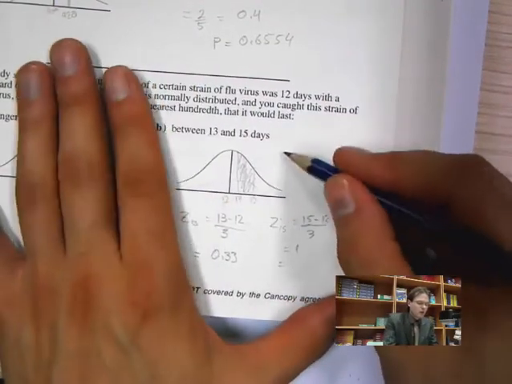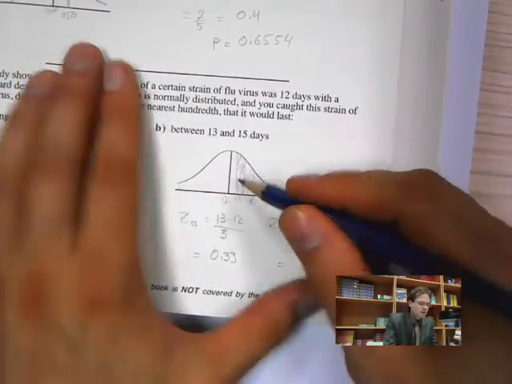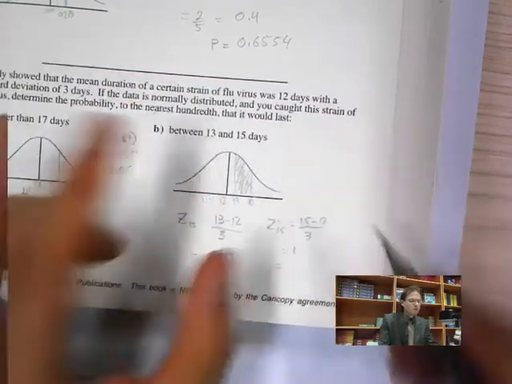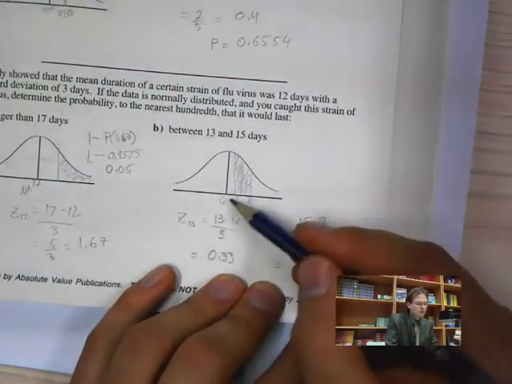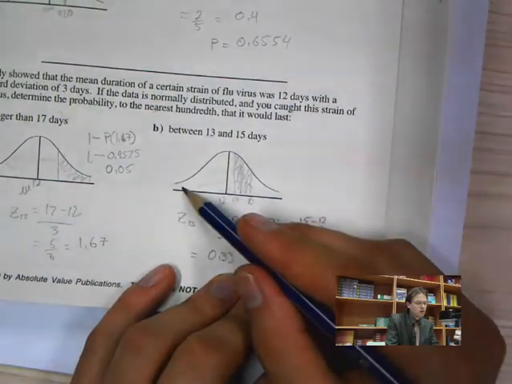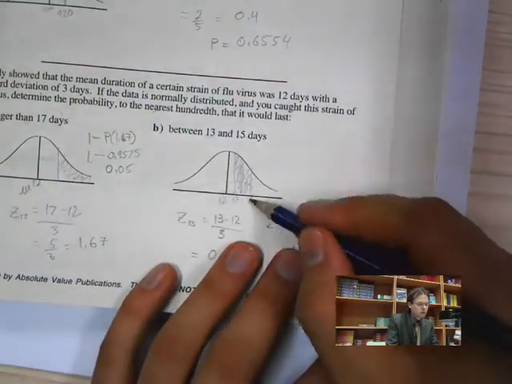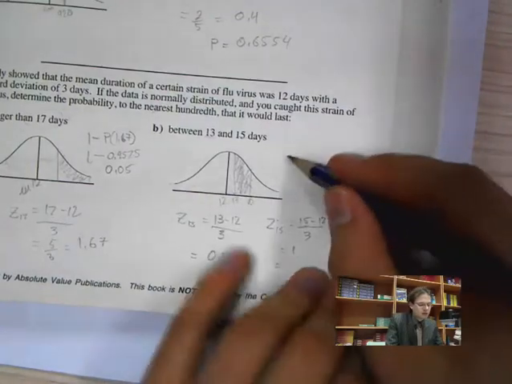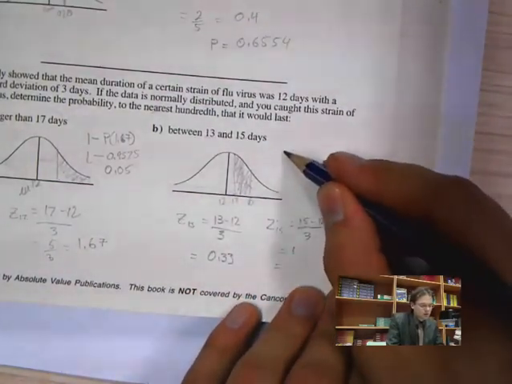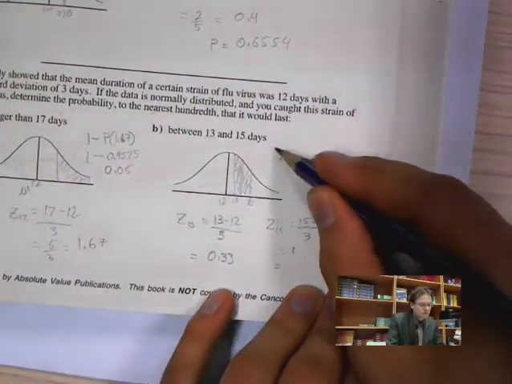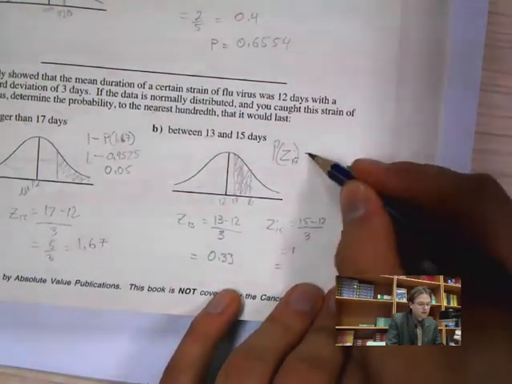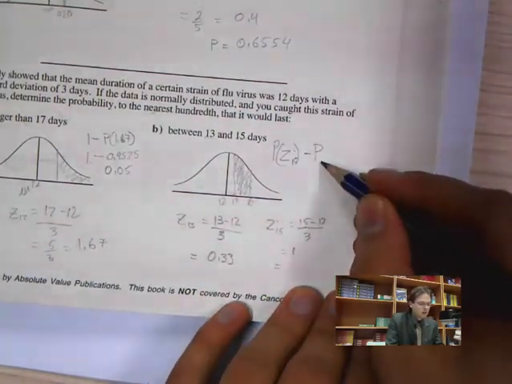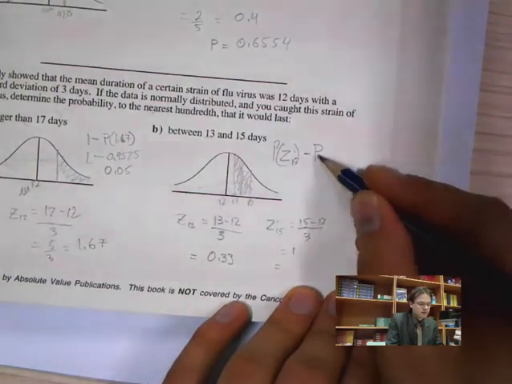So we want to know this. This one is a bit different. Everything less than this, we're going to subtract everything less than that. So once again, we're going to take the probability of z15, subtract the probability of z13.